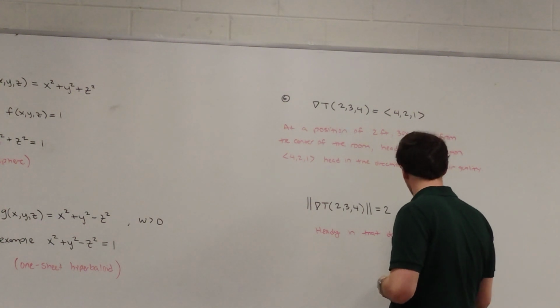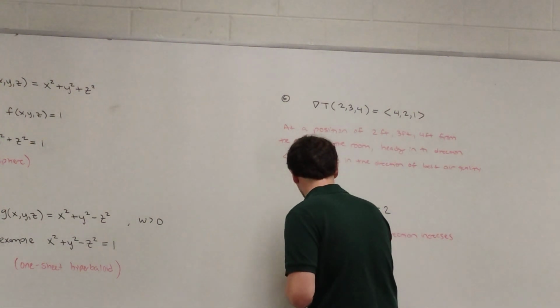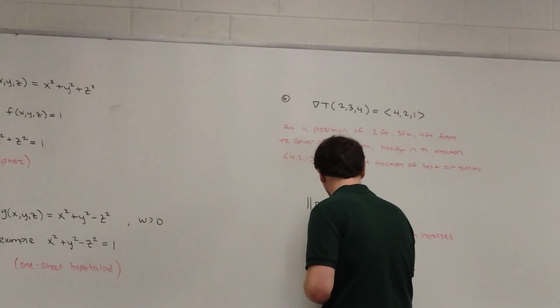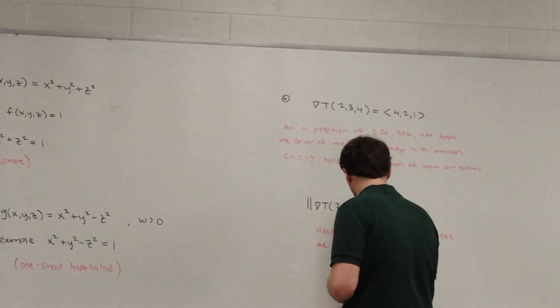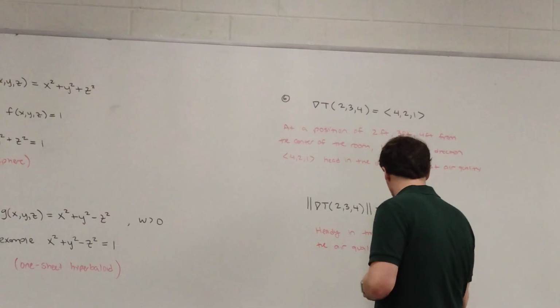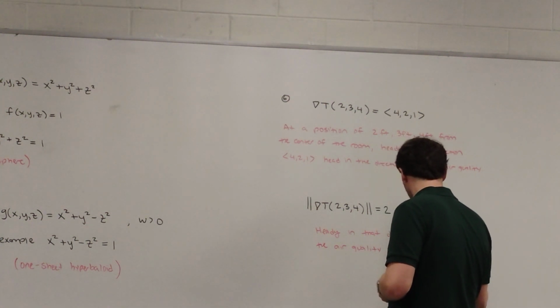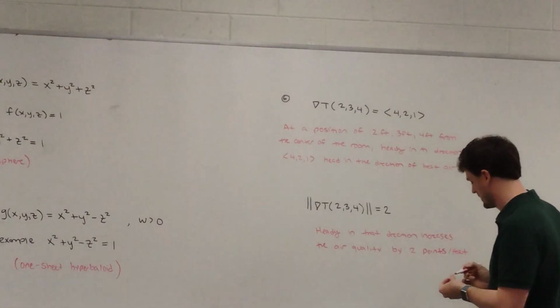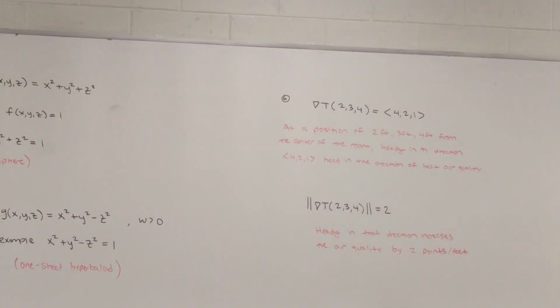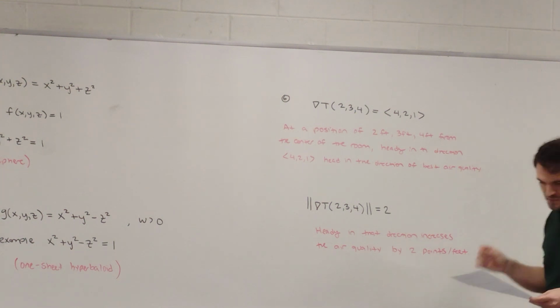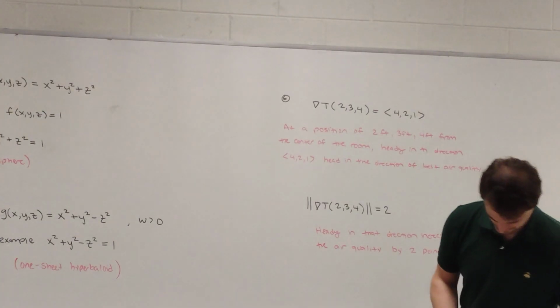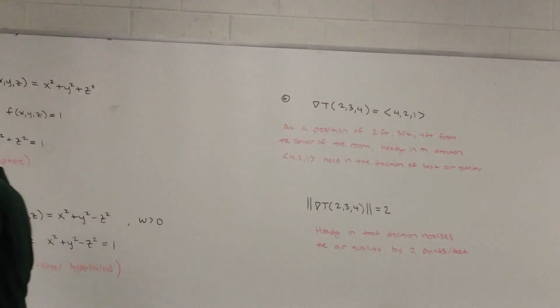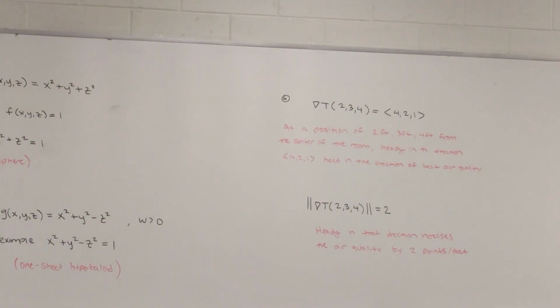So heading in that direction increases the air quality by 2 points per foot. Our function's measured in points on a scale from 0 to 100, so we are increasing our air quality by 2 points for every foot.